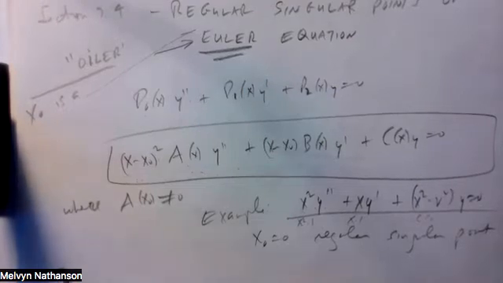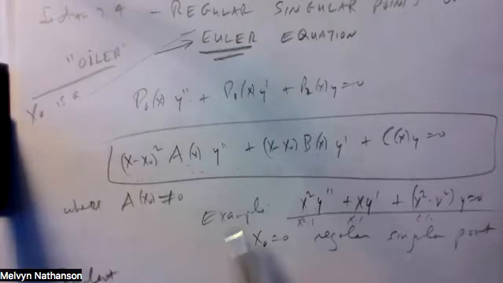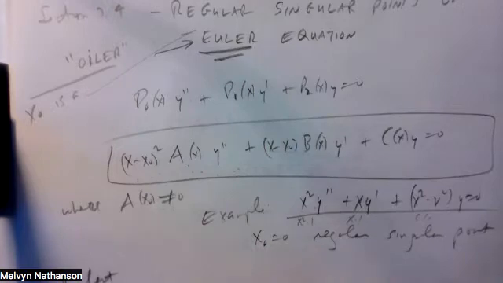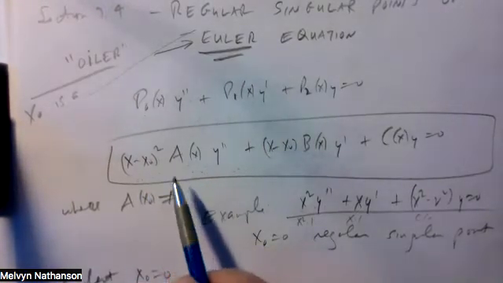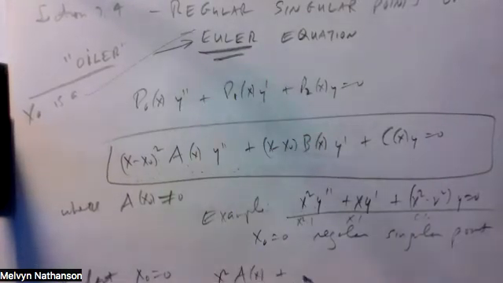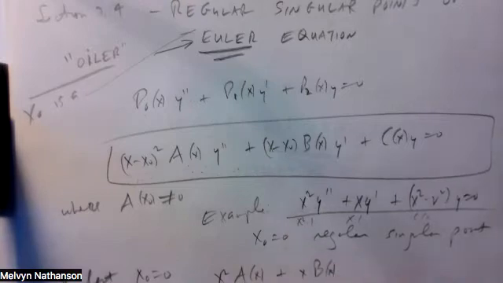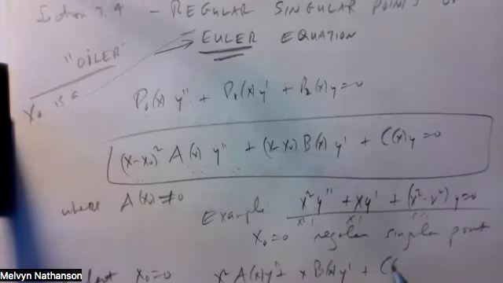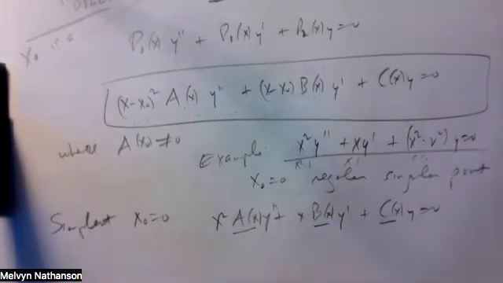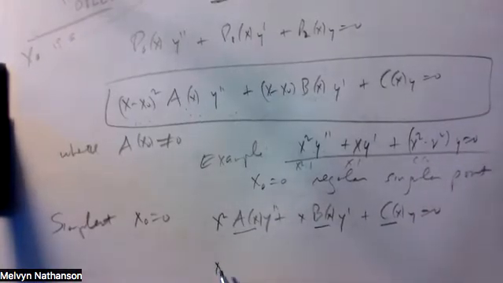In the simplest Euler equation, let's say we take x naught equal to 0. So we have x squared a of x y double prime plus x b of x y prime plus c of x y equals 0. The simplest case would be when a of x, b of x, and c of x are just constants.